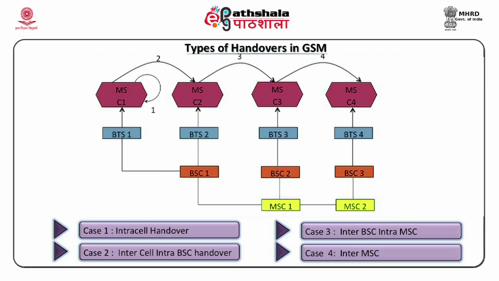Intracell is depicted by scenario number 1, intercell intra-BSC by scenario 2, inter-BSC intra-MSC by scenario 3 and inter-MSC by scenario 4. So, these are the different types of handovers which can take place.